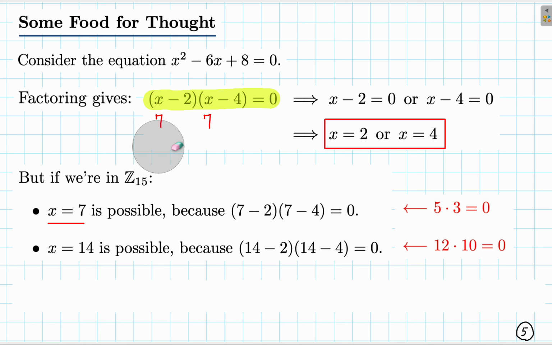Or we can replace this 7 with 14. Then we get 14 minus 2, which is 12, times 14 minus 4, which is 10. 12 times 10 in Z15, 120 mod 15 is 0. And therefore, we get another solution, x equal to 14.